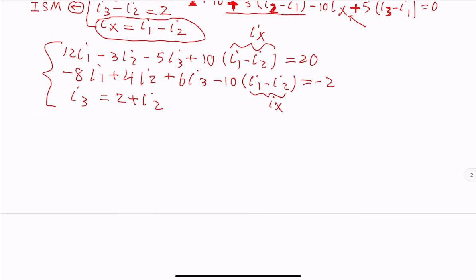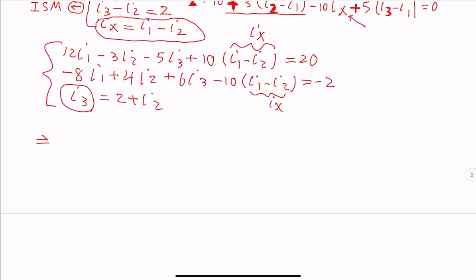Now we have three equations in three unknowns. We can use any method for solving three equations in three unknowns. However, last equation gives us I3 in terms of I2. So elimination of variables is a good choice at this point. Let us substitute for I3 in previous two equations.